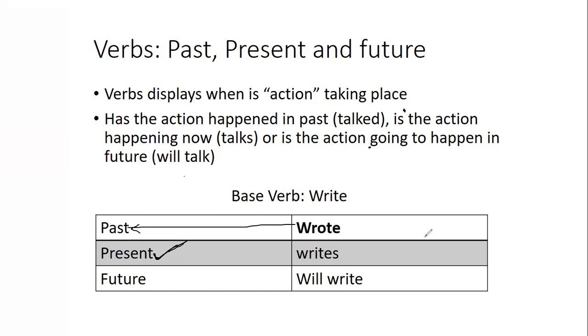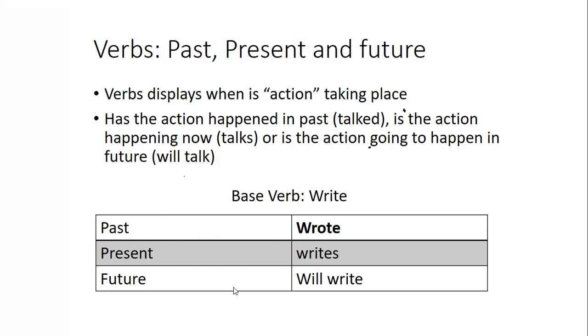John will write a letter. Will write is displaying an action that is going to take place in future, right? So verbs are very important, because they give us information whether the action has happened in past, whether the action will happen in future, or the action is happening now.